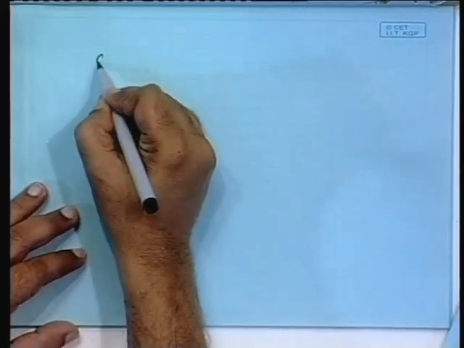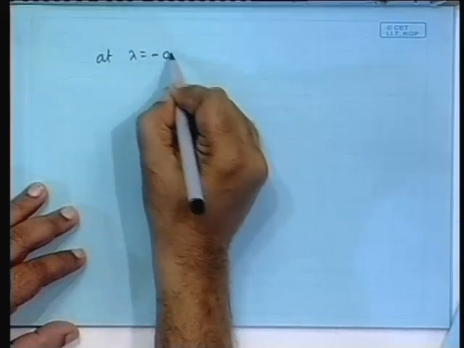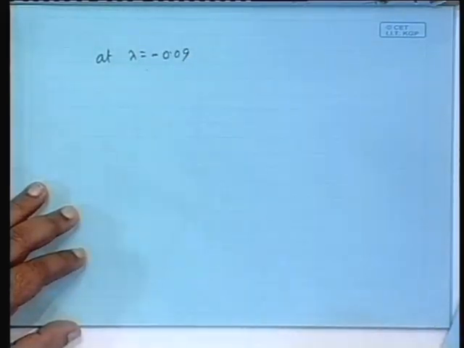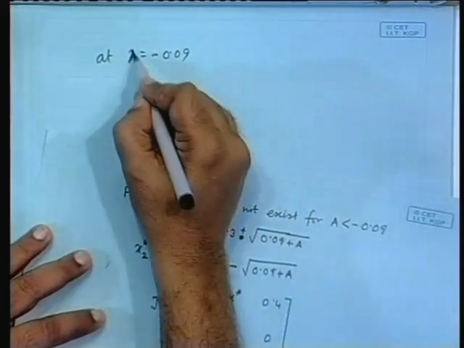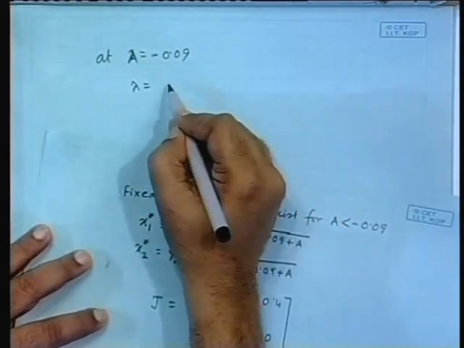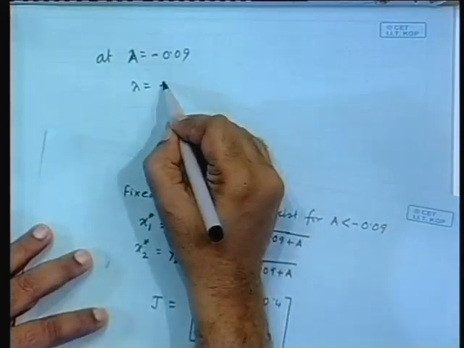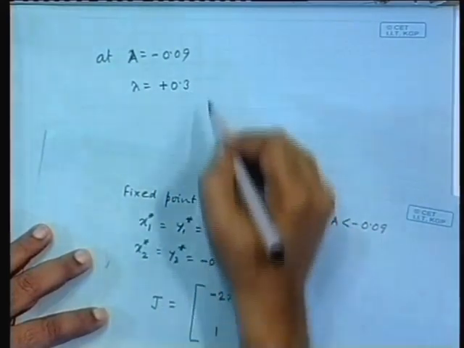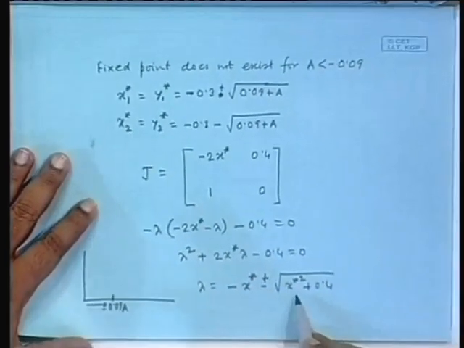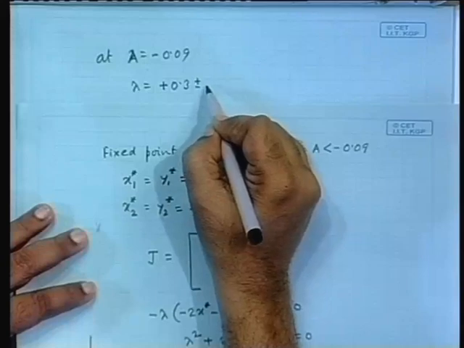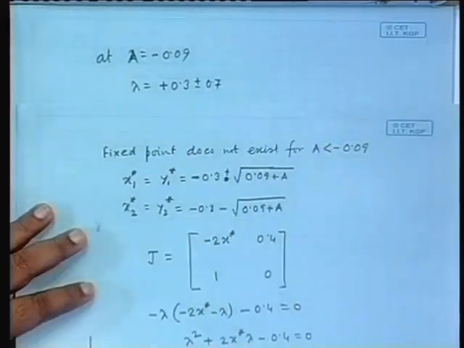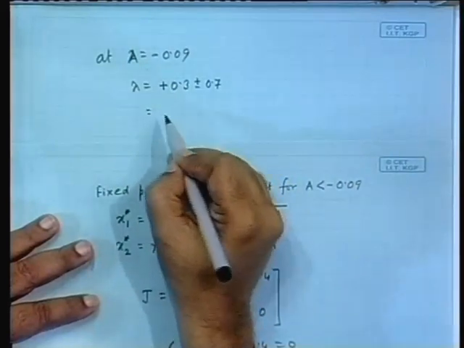So, if you substitute this at a is equal to minus 0.09, lambda is equal to minus plus 0.3 plus minus, so 1.